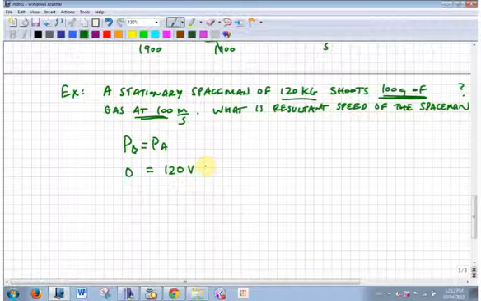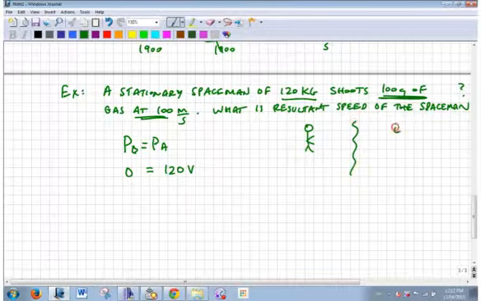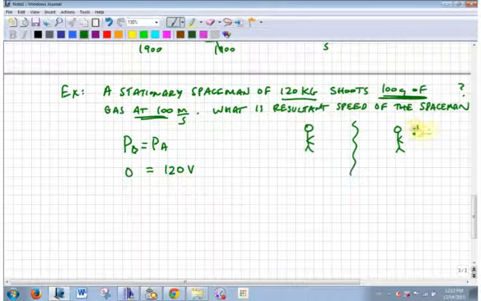Okay? So, I got a guy. This is before. And then after, okay, he shoots this in that direction at 100 meters a second. Well, what way is he going to go? Yeah.